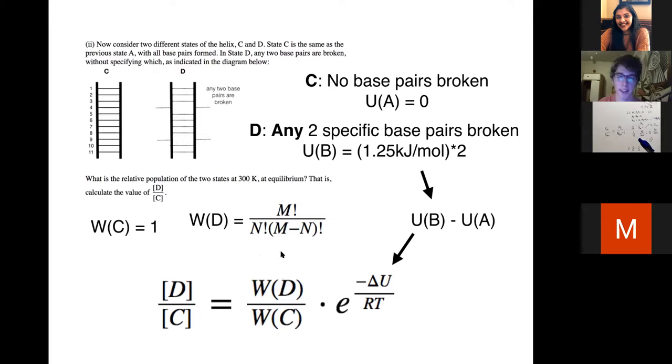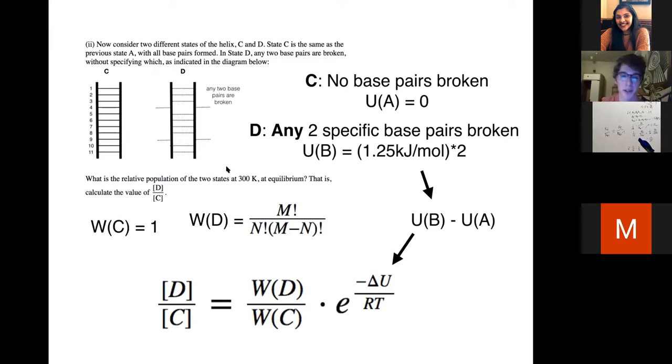And state D, there's more than one way it can happen. So overall, once you plug it in, you'll see that that'll increase the relative population of state D compared to C, compared with part 1 where it was B to A. And yeah, that wraps it up.